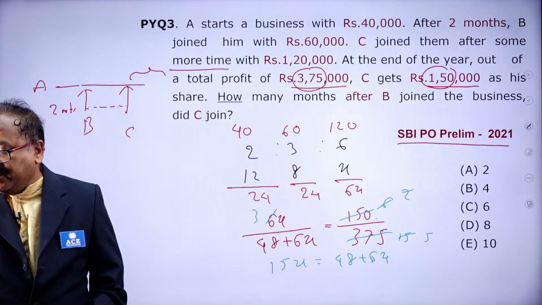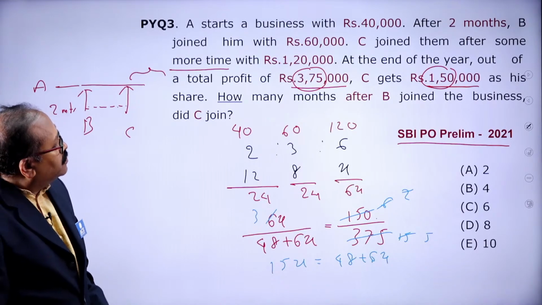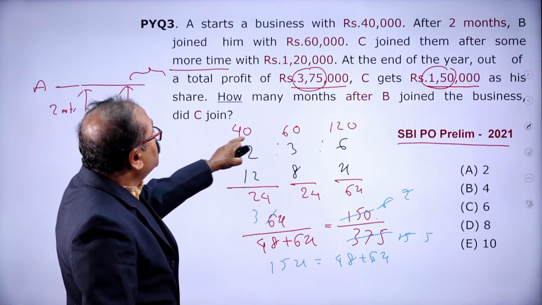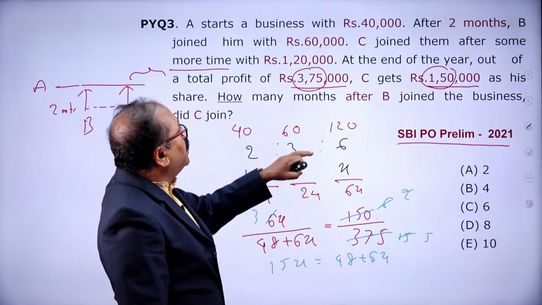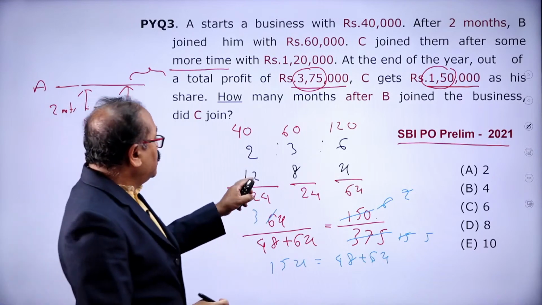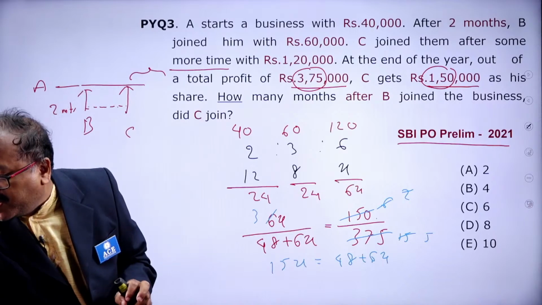Yes, friends. Here it is 40,000, 60,000, 120, and then this is 2 and 3 and 6. Am I right over here? Yeah, that's right. So this is 12 months. I made a mistake over here. Rightly said, my friend.